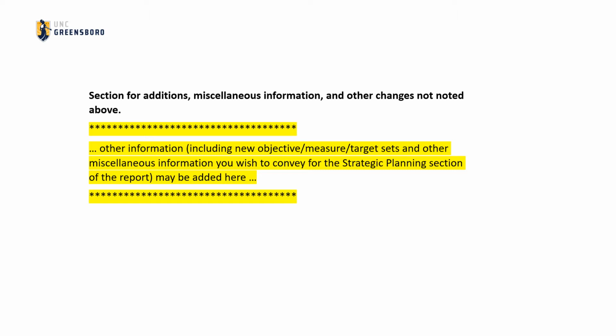In this optional section, the user is provided with an editable area where other information regarding strategic objectives may be provided. For example, did the program have a strategic objective measure target set that wasn't included in the template we provided? Here's the spot to list that set and its associated findings. Other miscellaneous information related to the strategic objectives section can be provided here as well.